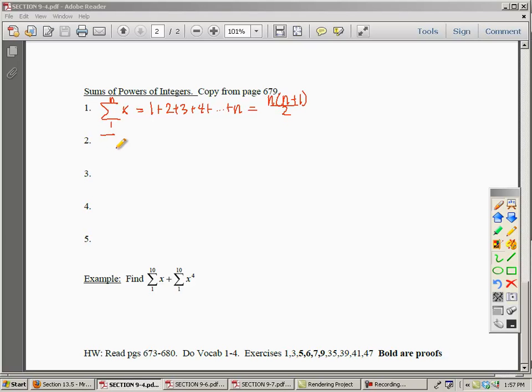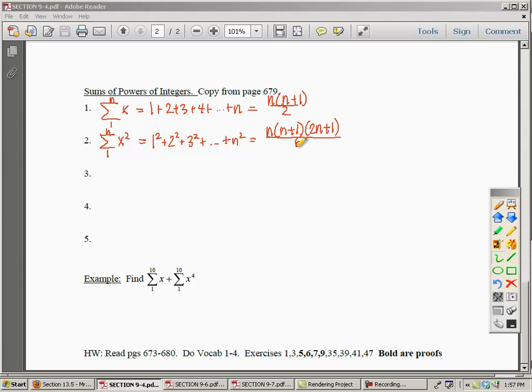Okay? Second one, the sum from 1 to n of x squared, or i squared, is like saying 1 squared plus 2 squared plus 3 squared all the way up to n squared. What was the formula for our i squared? Well, it was n times n plus 1 times 2n plus 1 all over 6.